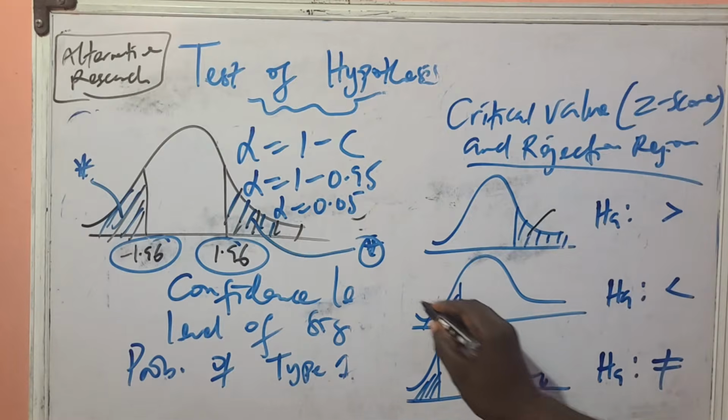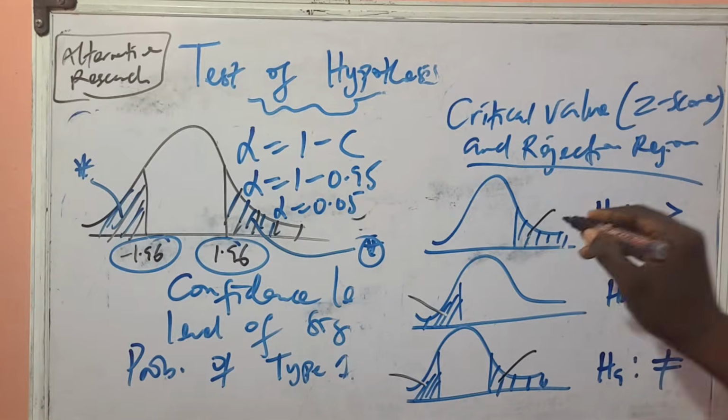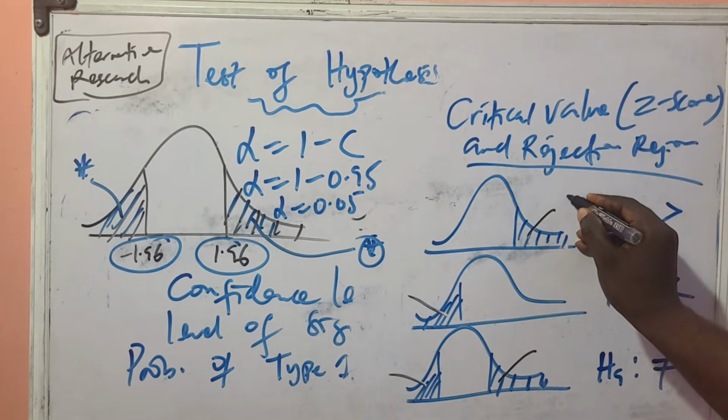This is the rejection region here. And these both represent the rejection region. Guys, the area of your rejection region, please listen carefully. The area of your rejection region is always alpha, the level of significance. Note that.